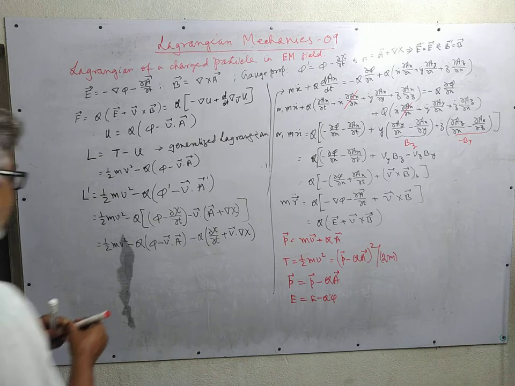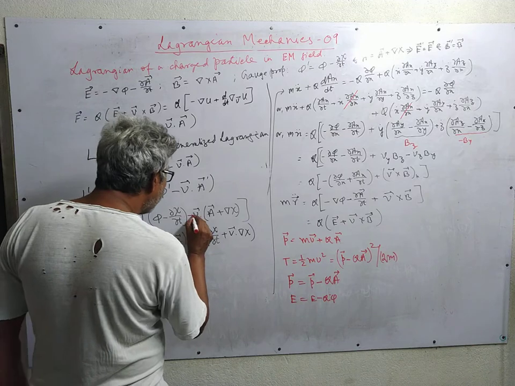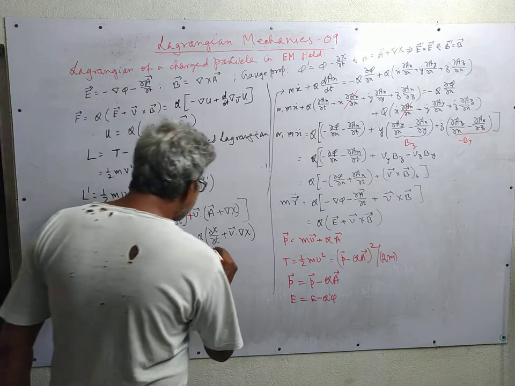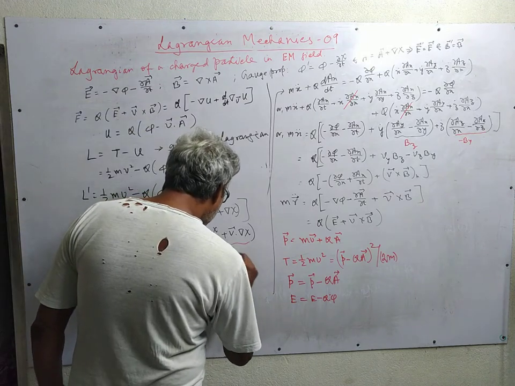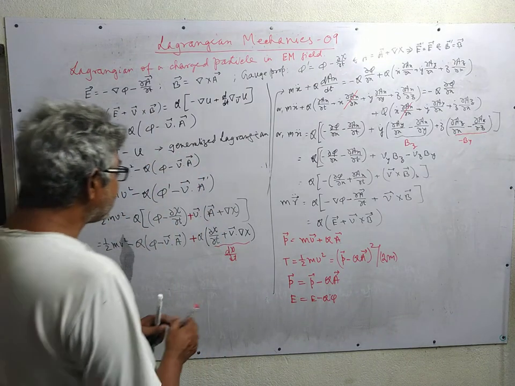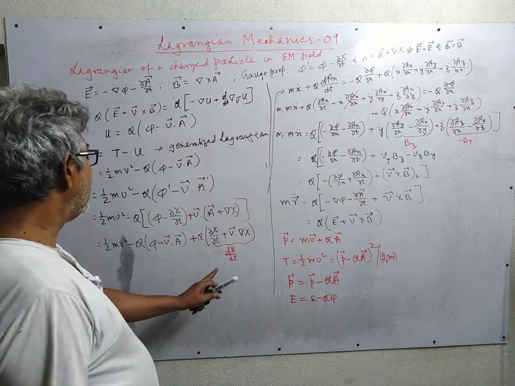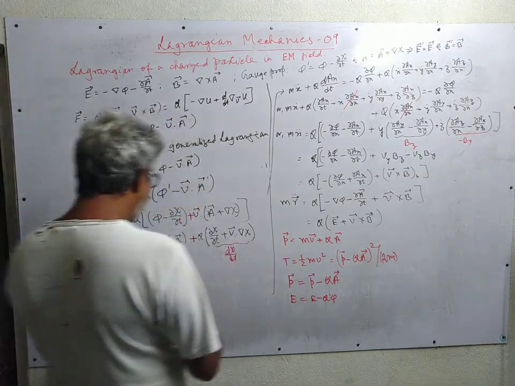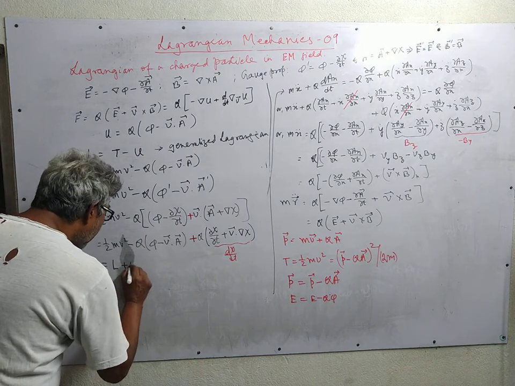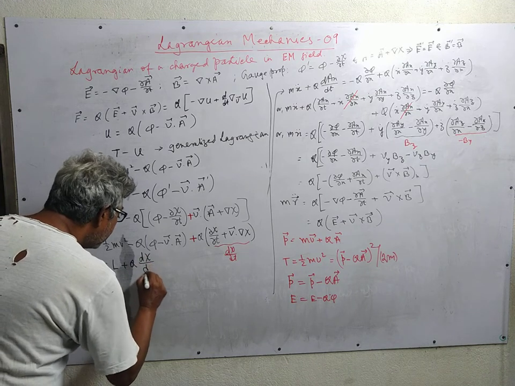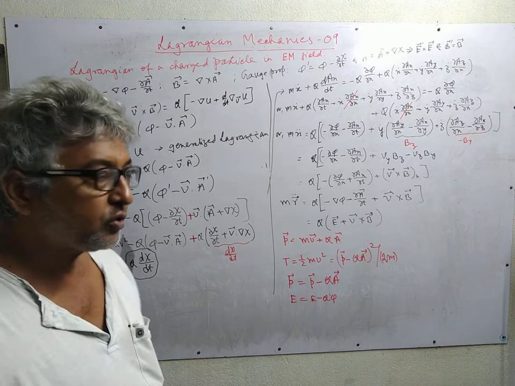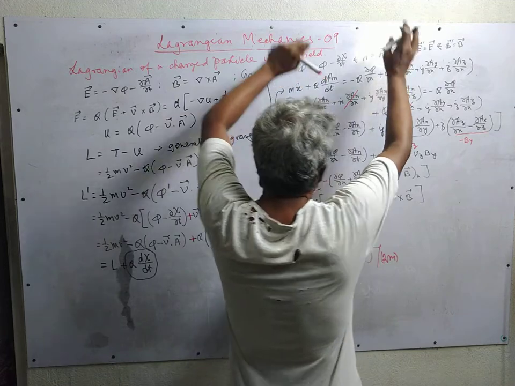Sorry, there is a sign mistake. When we have made it, this sign should be plus. So this part is nothing but d chi dt, and we have already mentioned that chi is a function of r and t, so we can consider it to be a gauge function. So this part is L plus q times d chi dt. So this can be treated as the gauge function. So the Euler-Lagrange equation also remains invariant under such gauge transformation.